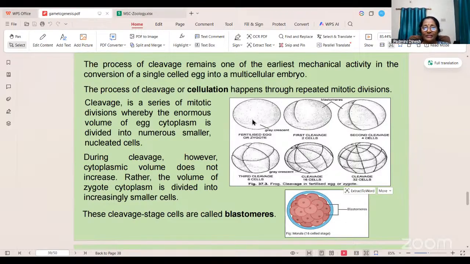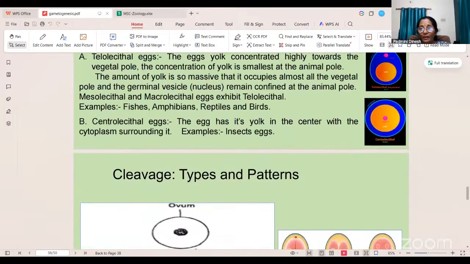So this cleavage is a series of mitotic divisions whereby the enormous volume of egg cytoplasm is divided into smaller nucleated cells. Here what I'm talking about is that the cytoplasm and the nucleus are going to get divided, not the yolk. We are only talking about the nucleus and its cytoplasm here, which you can see.